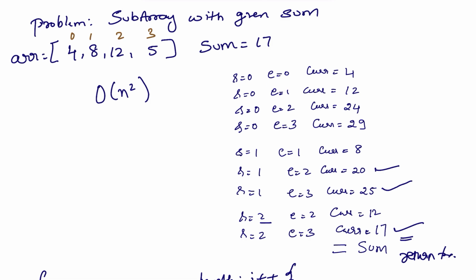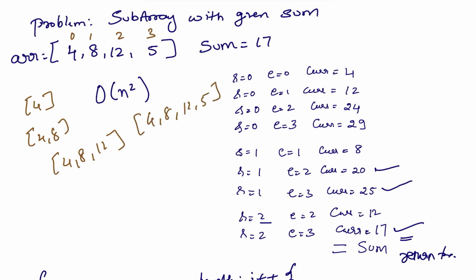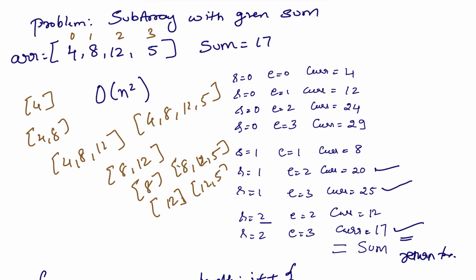What are subarrays? If you consider this particular problem, we can say 4 is a subarray, 4 comma 8 is a subarray, 4 comma 8 comma 12 is a subarray, 4 8 12 and 5 is a subarray, 8 and 12 is a subarray, 8 is a subarray, 8 12 and 5 is a subarray, 12 is a subarray, 12 5 is a subarray.